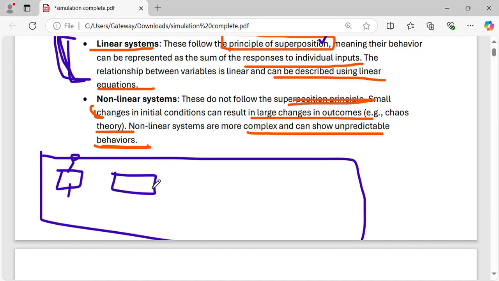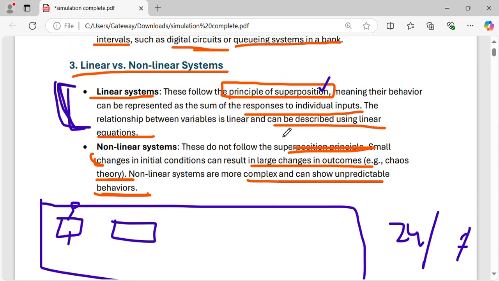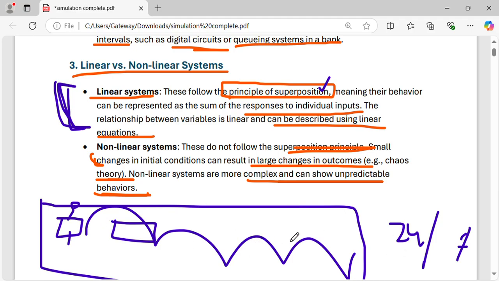Maybe people are coming in 24/7, and we can understand that the responses to all these individual inputs can give us the whole idea of how the queuing system works over the span of 24/7, right? So in linear systems, you can get the idea from the individual parts, right?